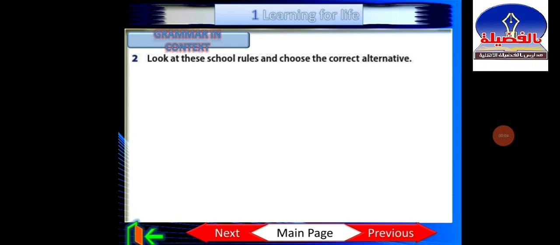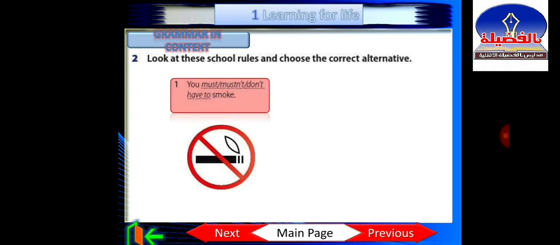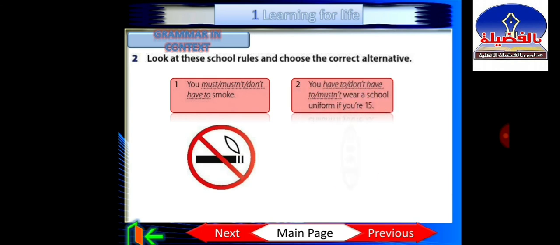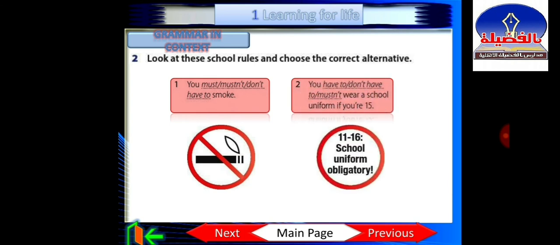Look at these school rules and choose the correct answer. Number 1, you must, mustn't, or don't have to smoke. Of course, as we can see in the picture, smoking is prohibited here.